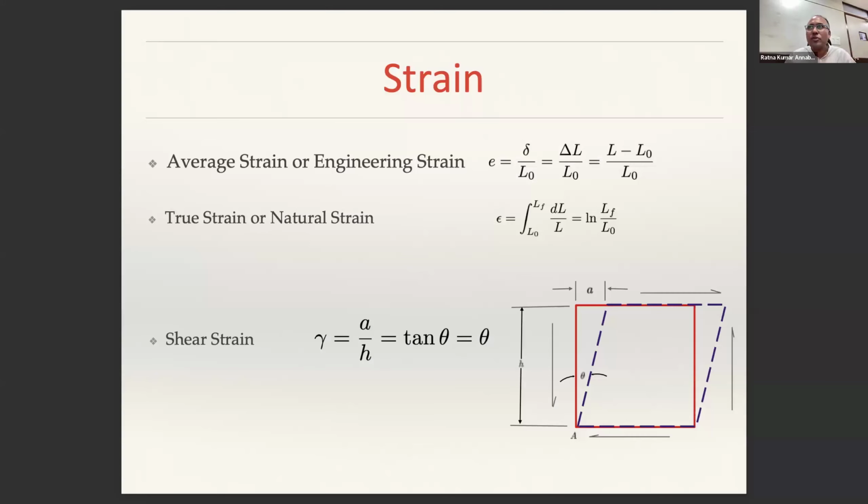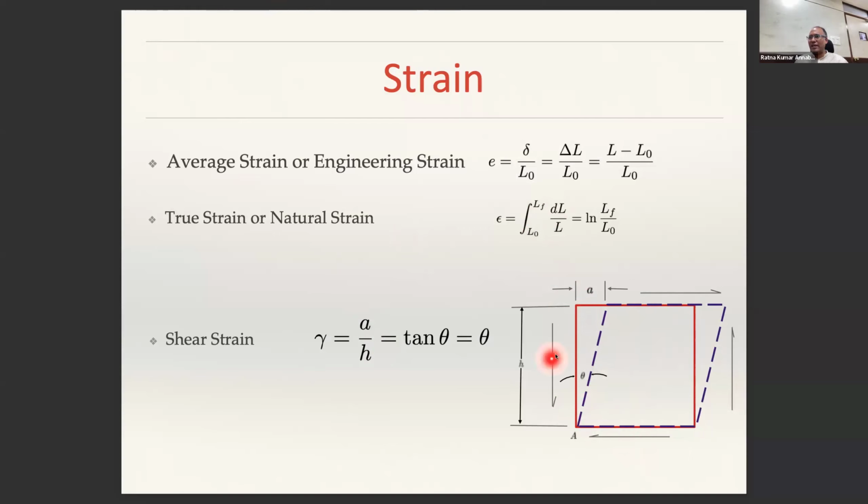Okay. So now let's go back. The shear strain in a body is talking about the rotational part. So let us say this red square is your initial body and it is sheared by application of shear stress.